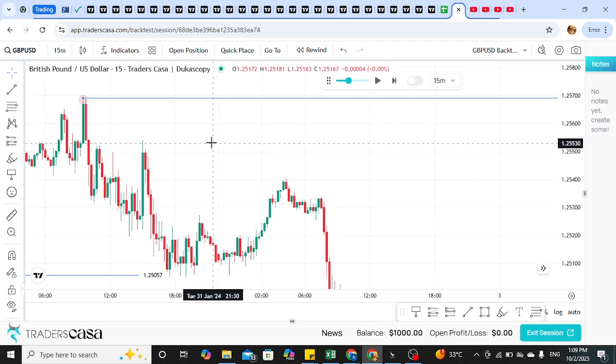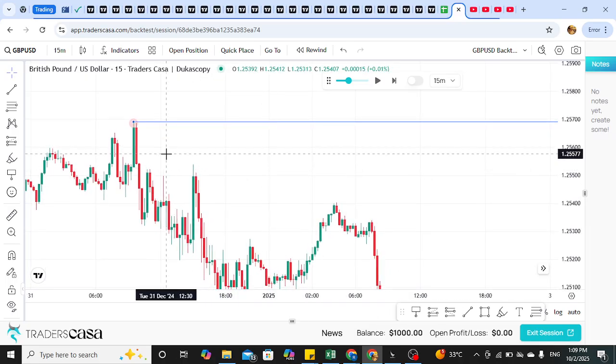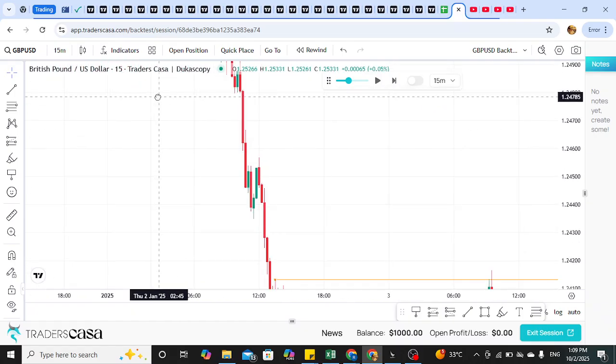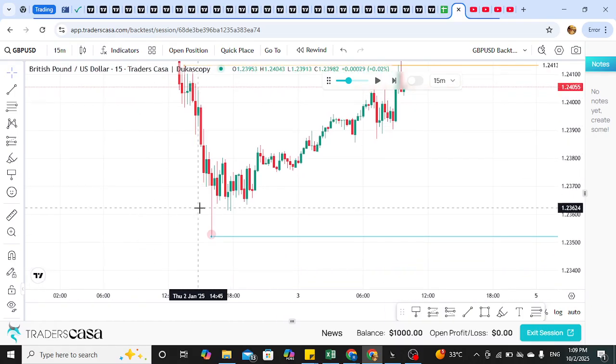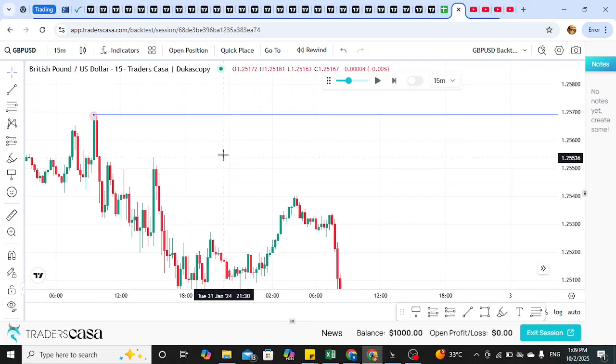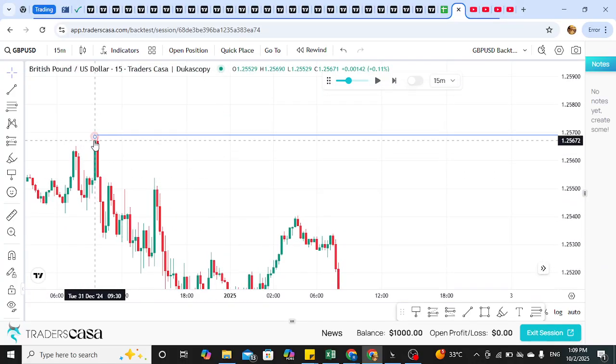There is another way. Remember the rejection that we talked about, the rejection area? Where is it? Yes, here. If there was a rejection area here, and there is, with the way I take it, whether it is mitigated or not, I take it.